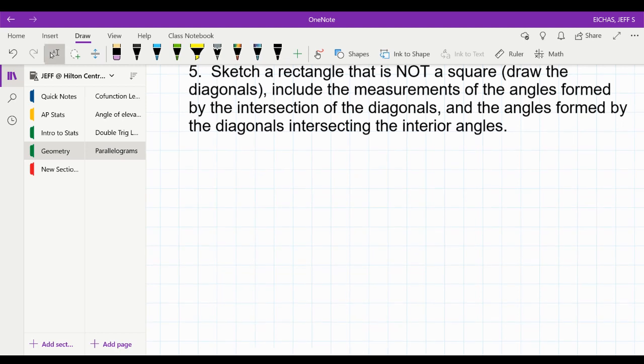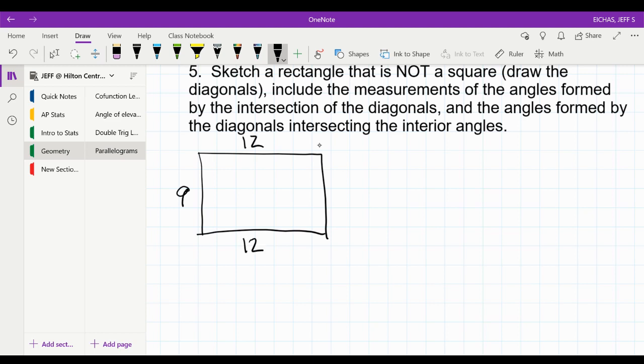Sketch a rectangle that's not a square. Okay, so this one's different. All right. So you're thinking a rectangle, it can't be a square. Yes, it can. Okay, if I have a rectangle, what I could have is side measures that are like this, right? So this is a rectangle that's not a square, okay?